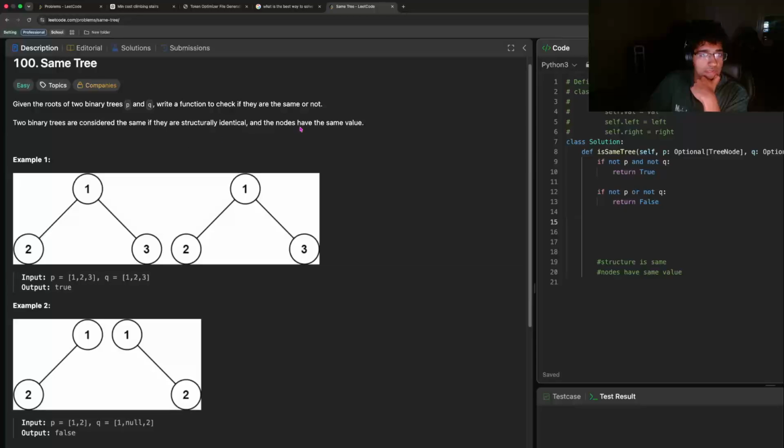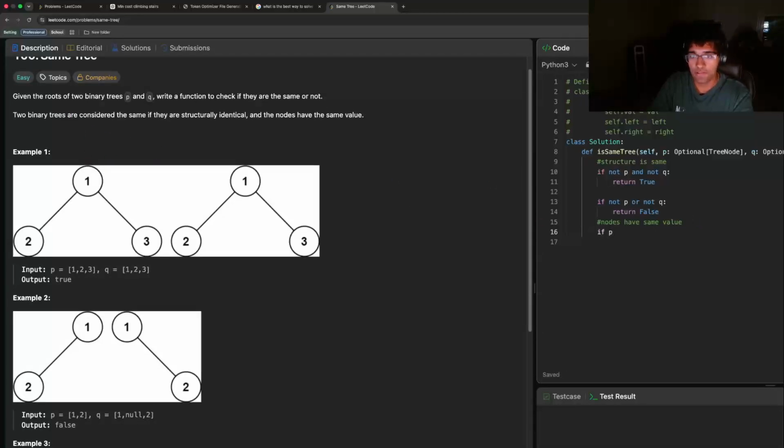Now what we need to look into is the second case, which is values. So let me put this over here, and we'll have this as the structure being the same. For the next condition, we need to consider if the nodes have the same value, right? So for that, it would be if P dot val is equal to Q dot val, return true.